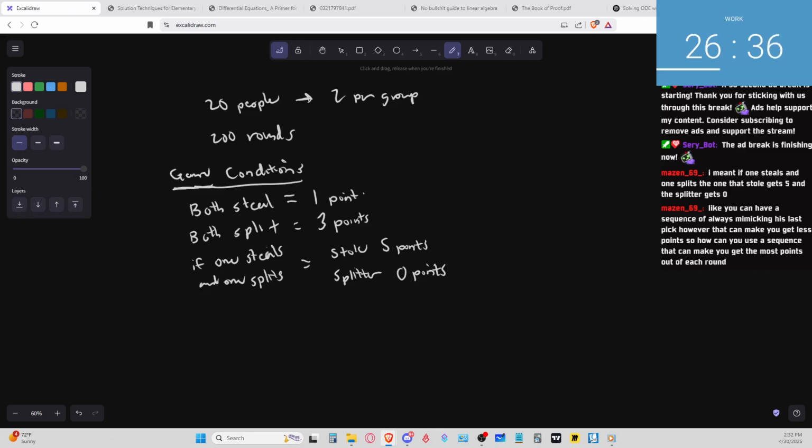Okay. You can have a sequence always mimicking his last pick. However, that can make you get less points. So how can you use a sequence that makes you get the most points out of each round?